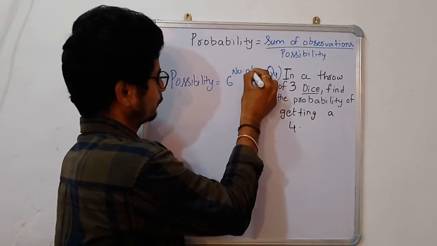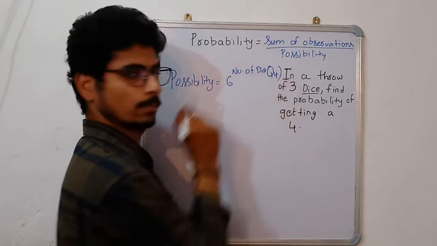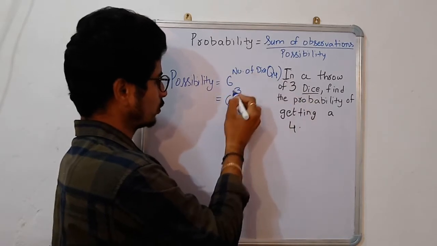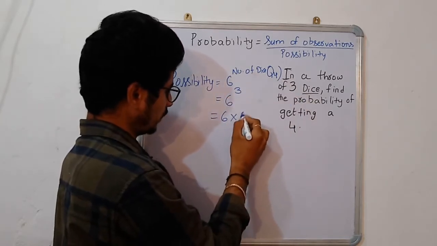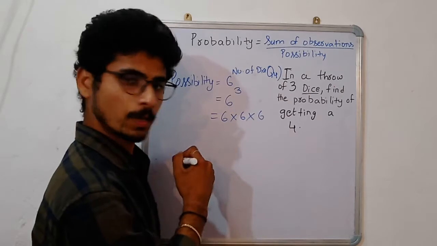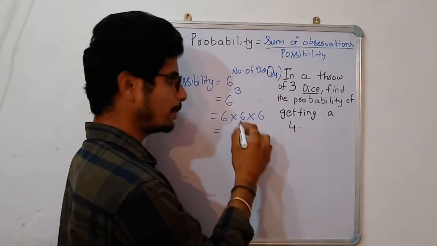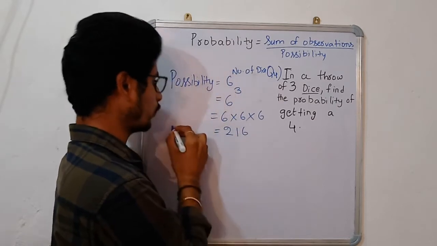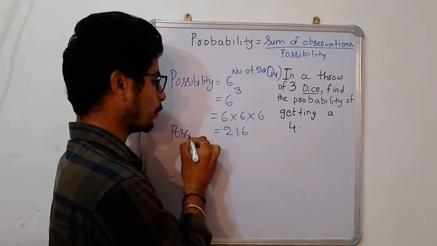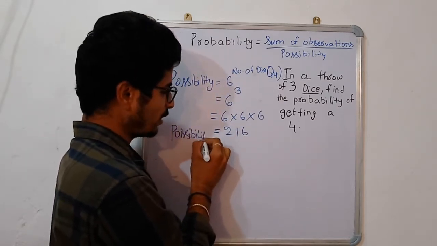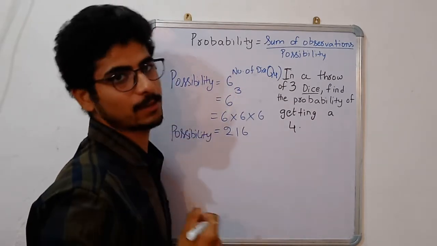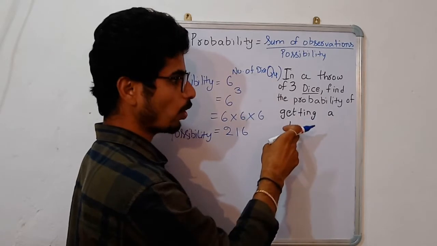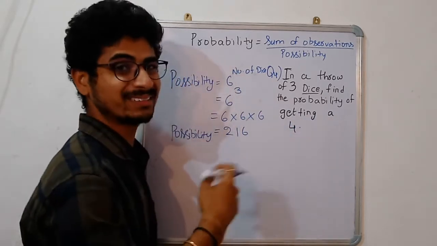We have 3 dice, so 6 cube, so 6 into 6 into 6. 36 into 6 will be 216. So we have 216 combinations when we throw 3 dice simultaneously. Okay, so we need to find the probability of getting 4 as the sum.